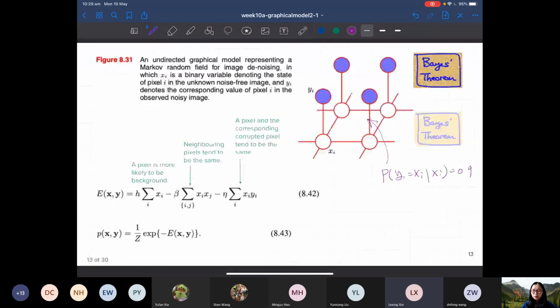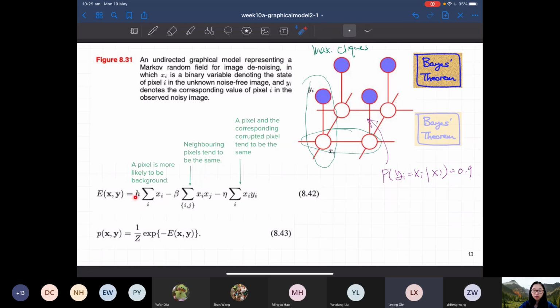Also notice in this graph, the maximum cliques are the x's and the corresponding y's, and also the x's with its neighbors. So here is the energy as the sum of the edge potentials. So we can say that the energy function that's been designed has three terms.